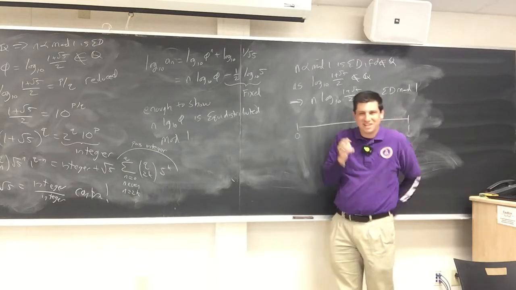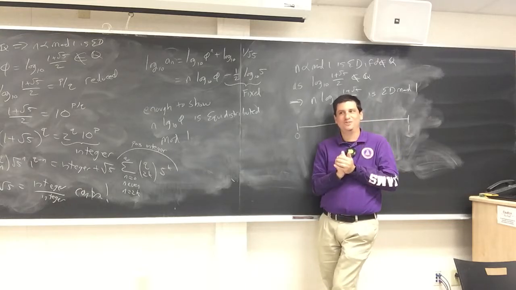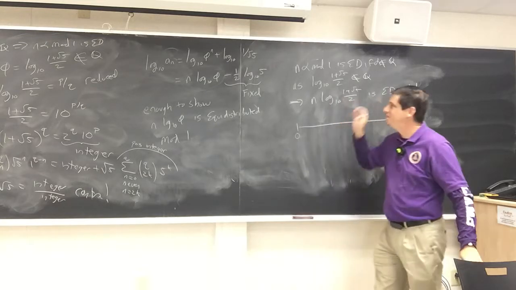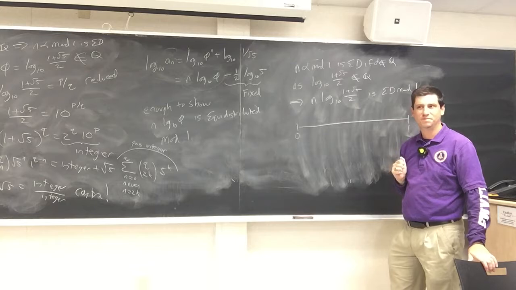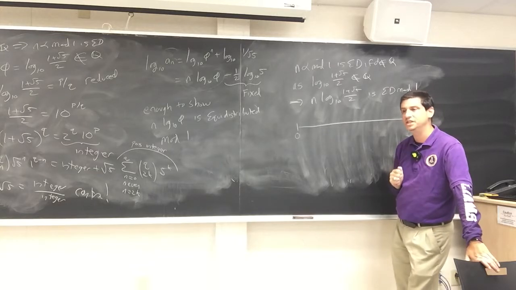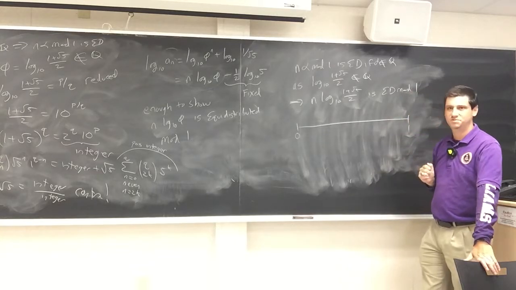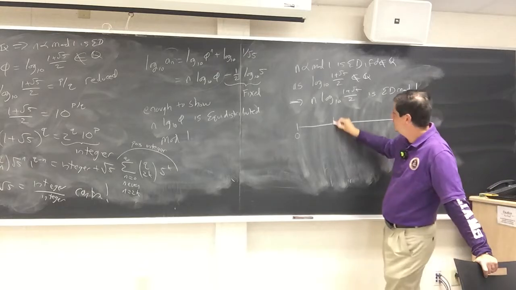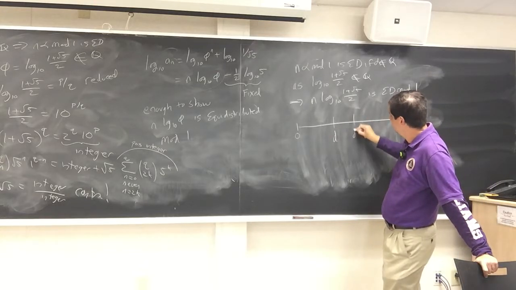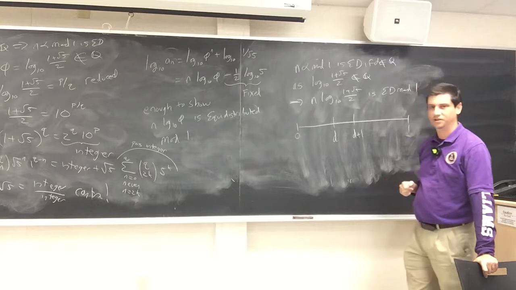It's the term that's being subtracted, that thing that's exponentially small, right? We showed that this sequence is uniformly distributed, so in the limit, this sequence is Benford. Well, let's take digits d and d plus 1, not drawn to scale.